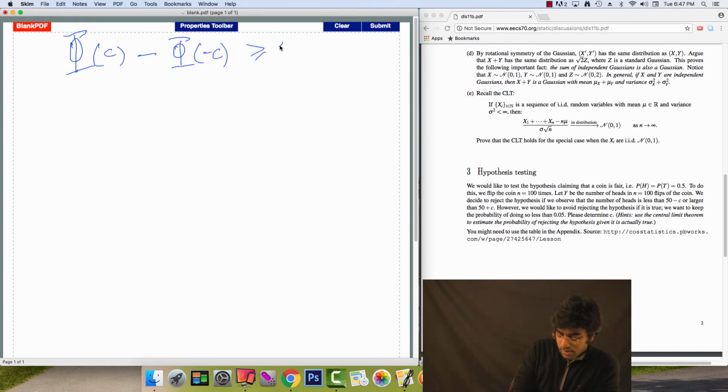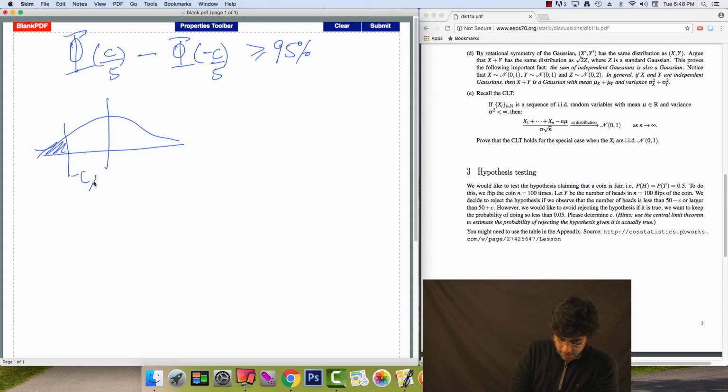However, remember that I don't actually have a function for capital phi, but we'll see what to do about that in a minute. For now, I will make one final observation, which is that phi of negative c over 5 is exactly equal to the region to the right of c over 5.